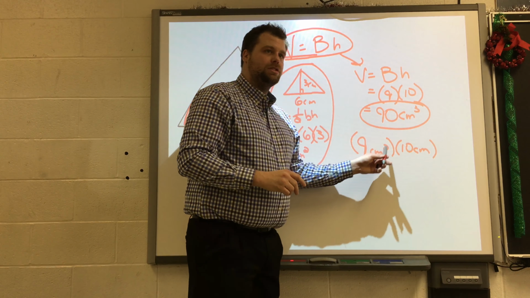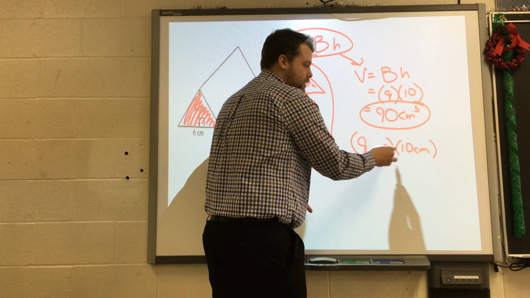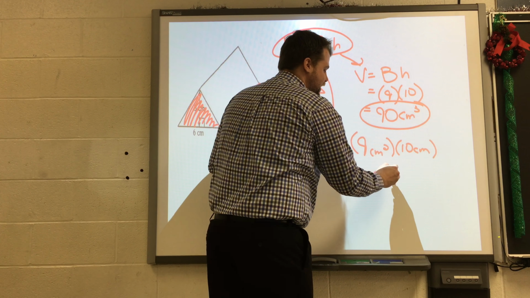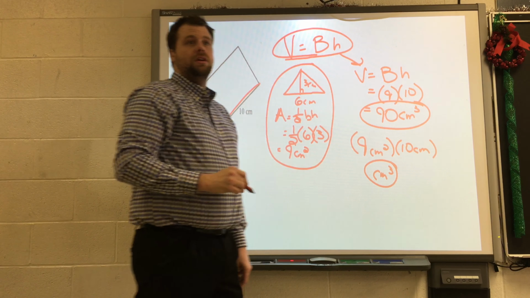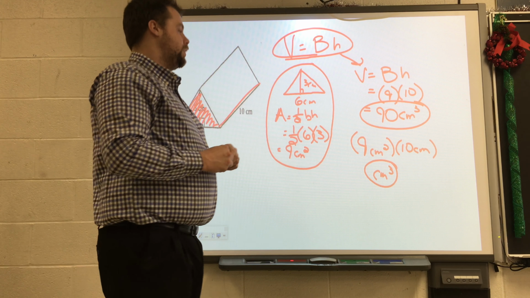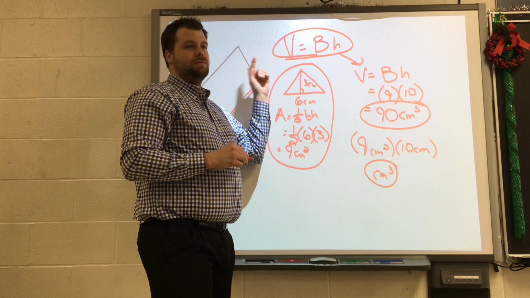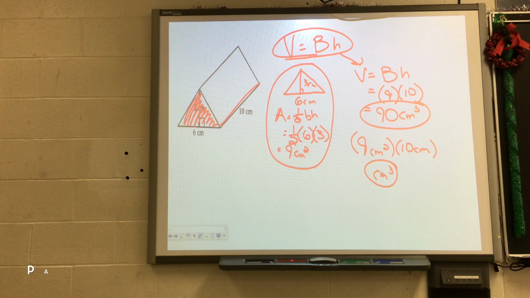So we have centimeters squared times centimeters. We have centimeters times centimeters times centimeters. That is how we end up with centimeters cubed. You're taking centimeters and multiplying it by itself 3 times. Okay, if that makes sense to you. Again, volume of a prism, area of the base times the height.